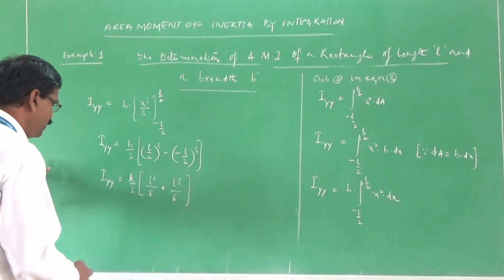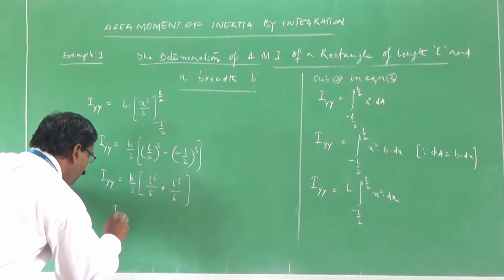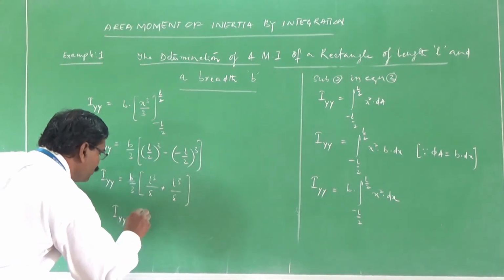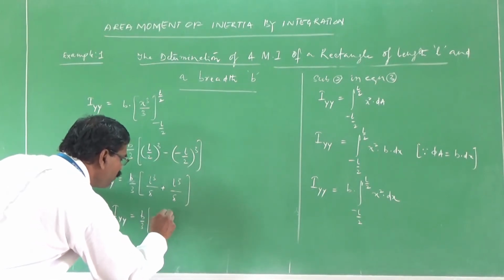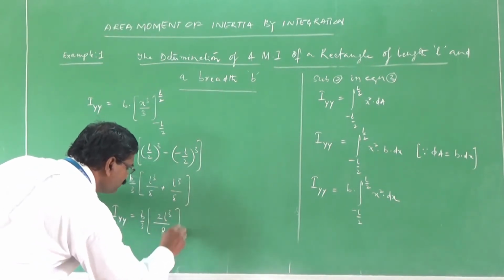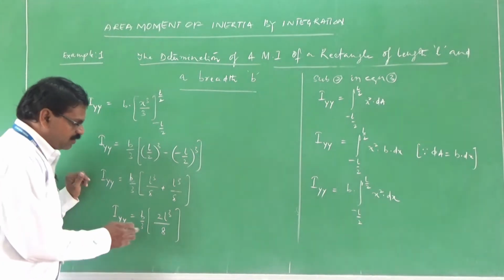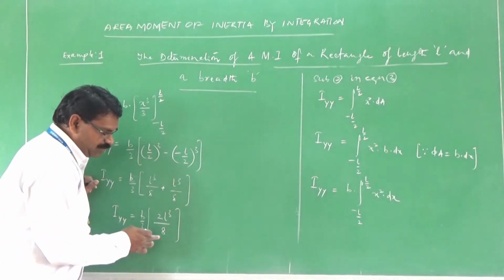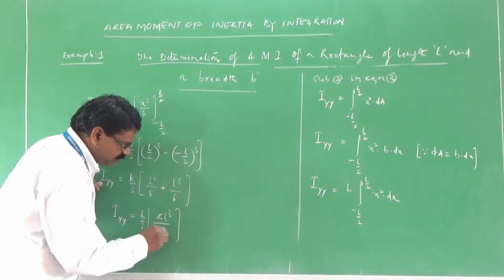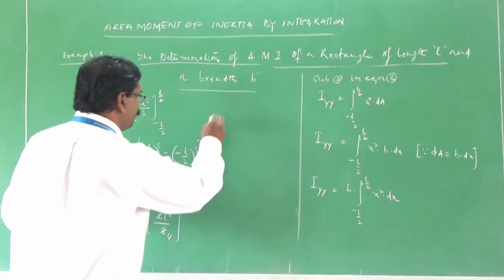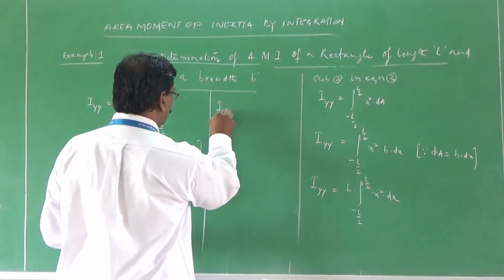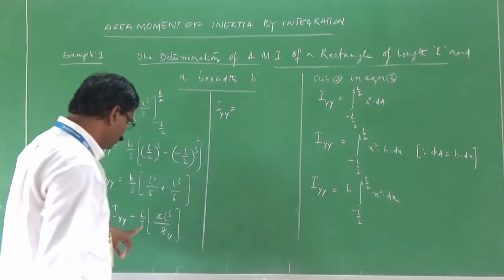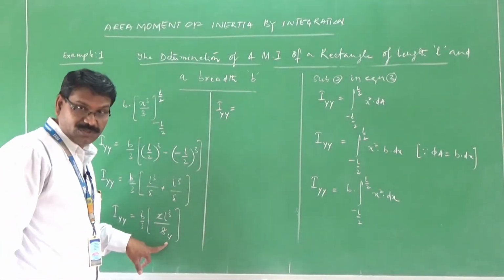If we simplify this, we will get how much? I_y is equal to b by 3 into 2L cube by 8. And if you simplify, 2 goes 4 times in 8. So the remaining term is I_y is equal to b by 12.